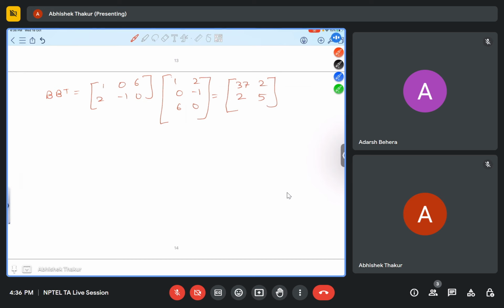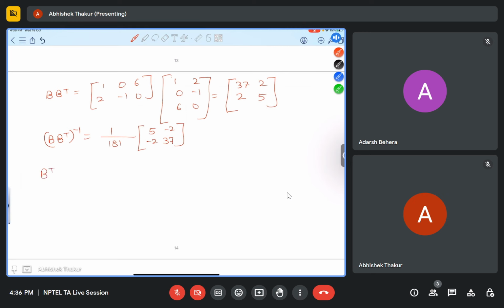Now we have to find the inverse of this. The determinant is 37 into 5, that is 185 minus 4, 181. So 1 by 181, and here we swap the diagonal entries and put a minus sign on the others. This is how we find the inverse of a 2 cross 2 matrix.